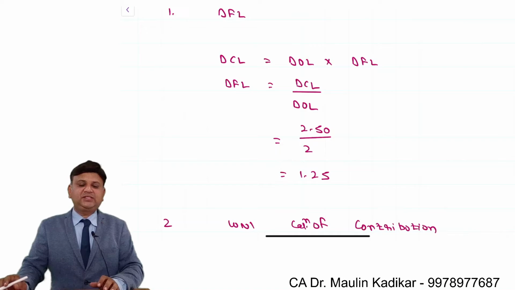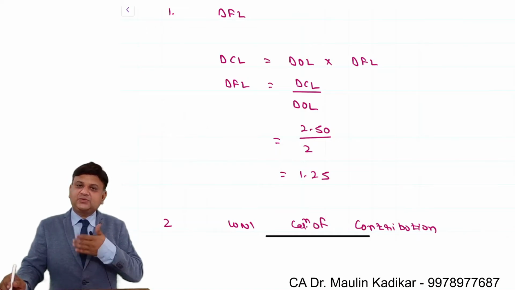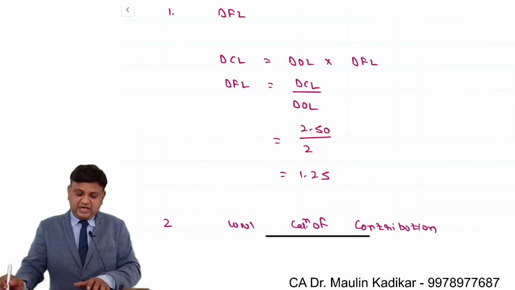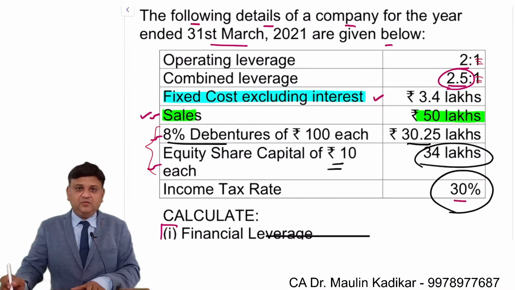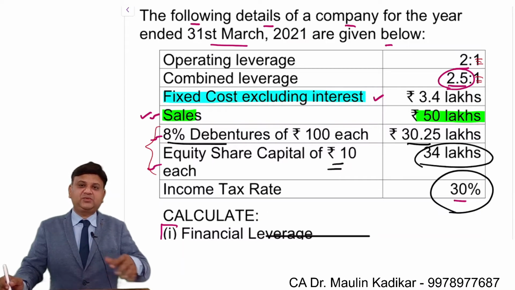Now friends, this is the way I have explained the answer to you. However, as a student, you can have a number of arguments with me for doing this answer. What kind of arguments, I just explained that to you. And doing the answer like this is also acceptable as per the note that the institute has given.